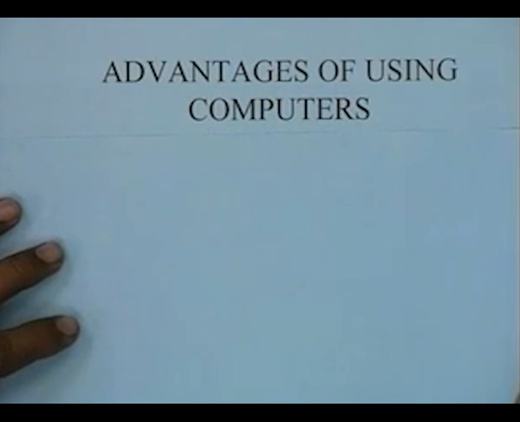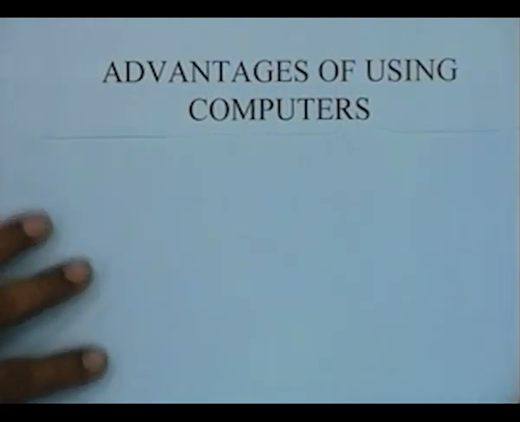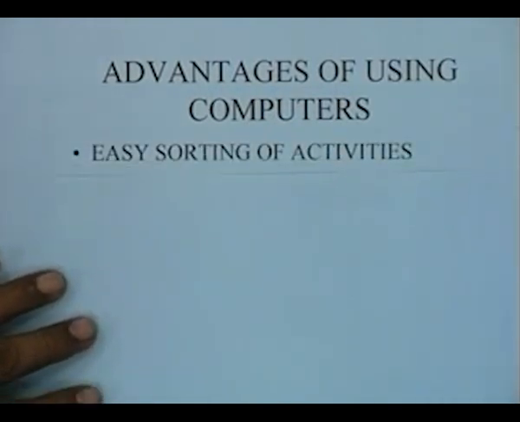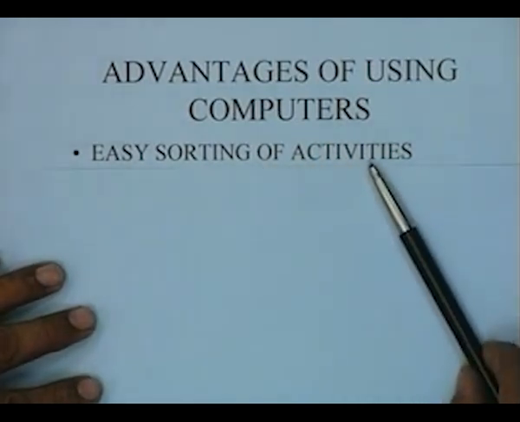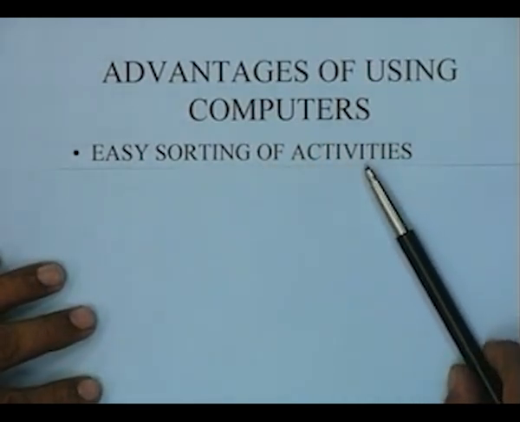When we talk about advantages of using computers, there are many advantages, but some of the significant ones are, one of the probably the most significant advantage of the use of computers in practical project management is that it permits easy sorting of activities. Now this by itself is a major advantage, because quite often practical projects could run into thousands of activities, and quite often the project manager is interested in knowing a variety of things about these activities.